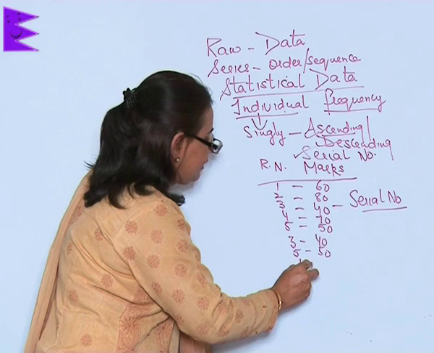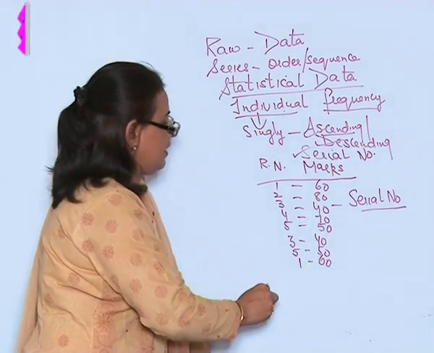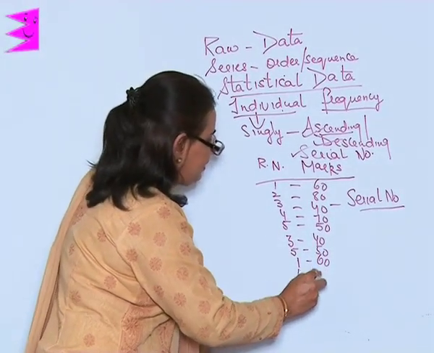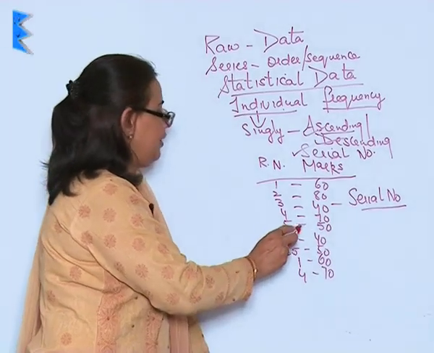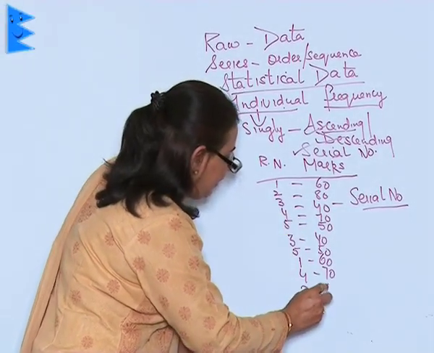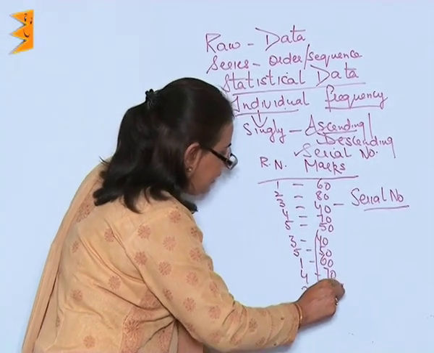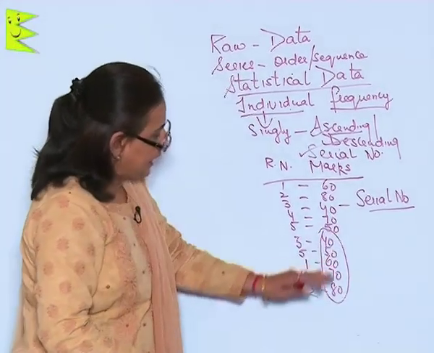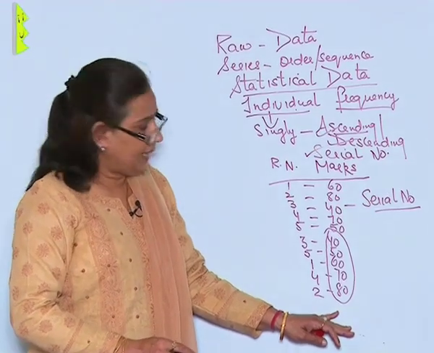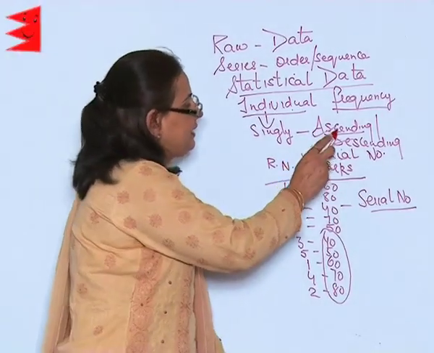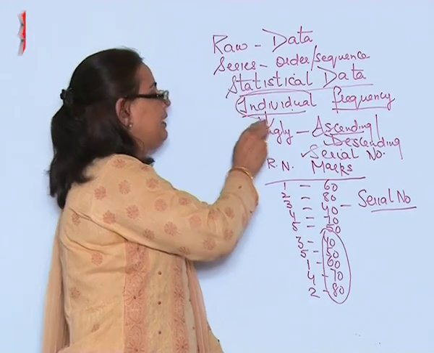Roll number 1 has got 60 marks. Roll number 4 has got 70 marks and roll number 2 has got 80 marks. When this variable is presented in ascending order, then it is called the ascending order individual series.